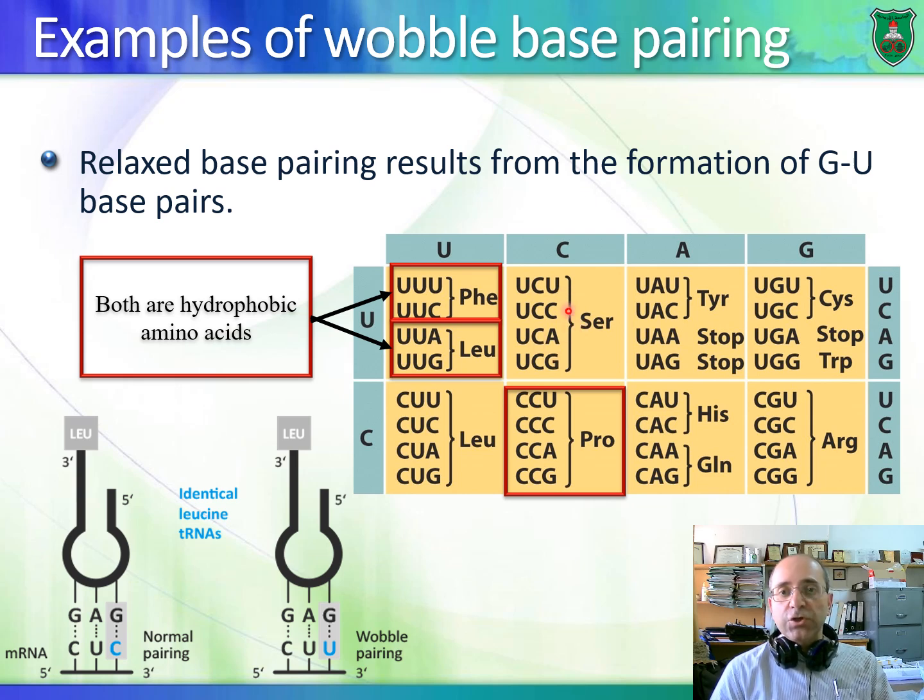If you change U to an A, same thing. Now notice right here, if you change U to C, nothing happens as well. So you still have this pairing between the tRNA and the messenger RNA. Nothing happens. You still have the same amino acid.